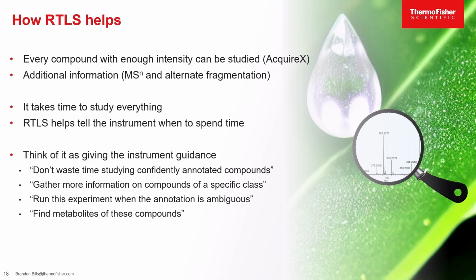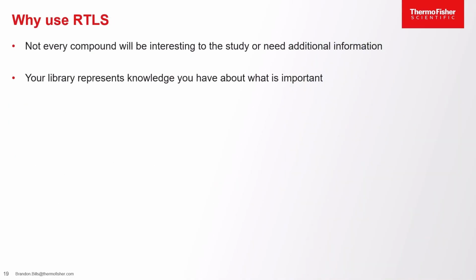Or even just, I have a precursor that's been metabolized. I want you to find everything that this organism turned this compound into. All statements where you can say, here is how I want the data to look at the end. That is how it is helpful to a researcher.